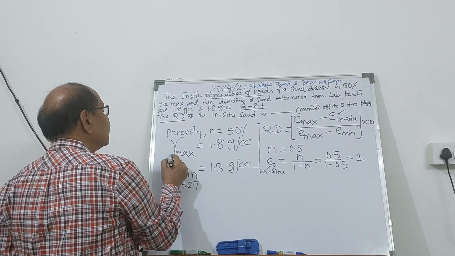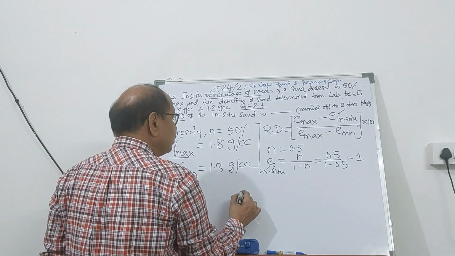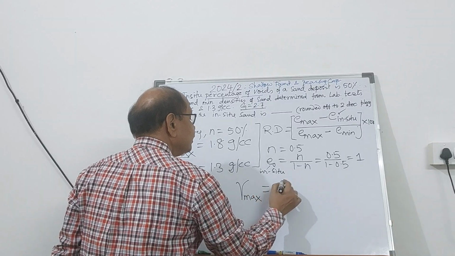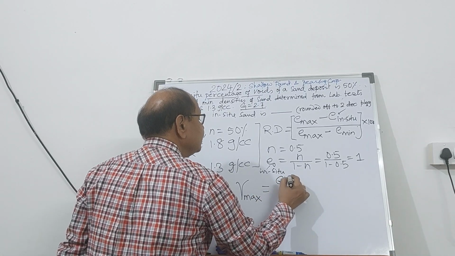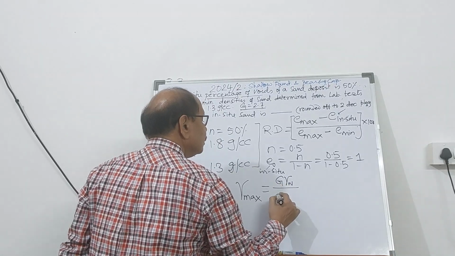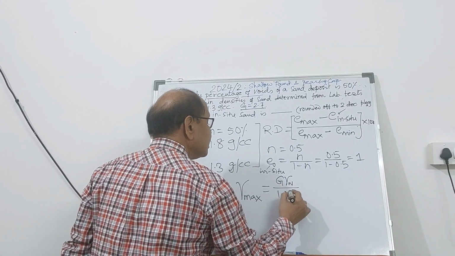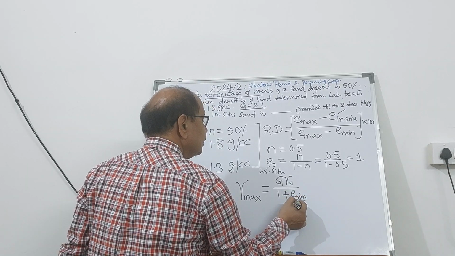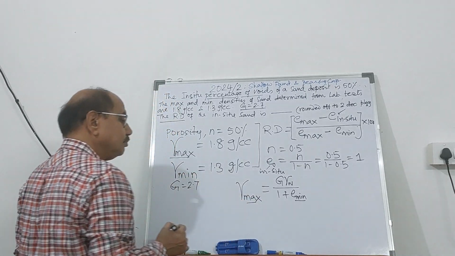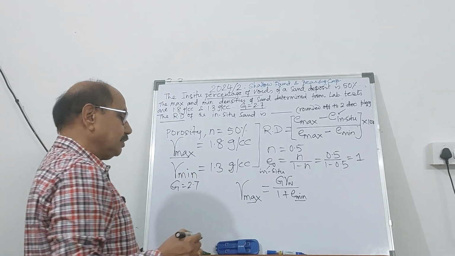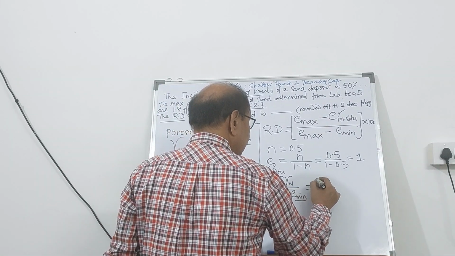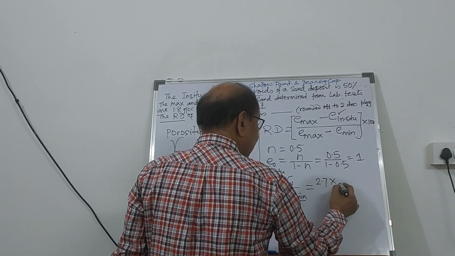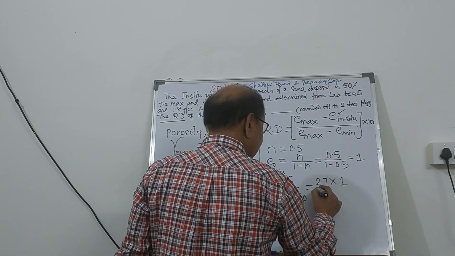Now, what is given is gamma max, the maximum unit weight. We know the relationship is given by G gamma W divided by 1 plus e minimum. When there is minimum void, then there will be maximum unit weight. G is the specific gravity, given as 2.7, and the unit weight of water, gamma W, is 1 gram per cc.